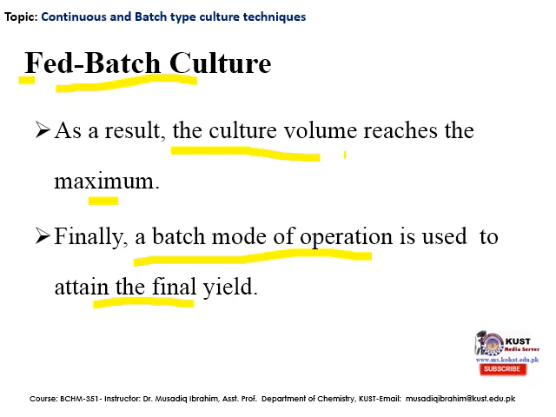So a batch mode of operation means that at the end the harvesting is carried out and the end product is being collected or gathered, for further purification of the primary or secondary metabolites as the case may be.